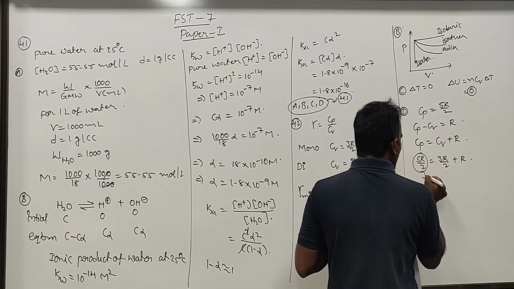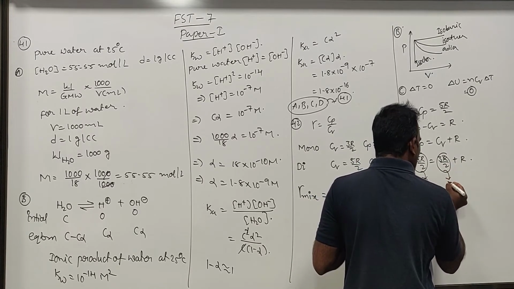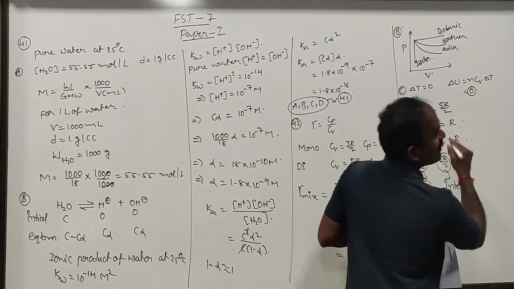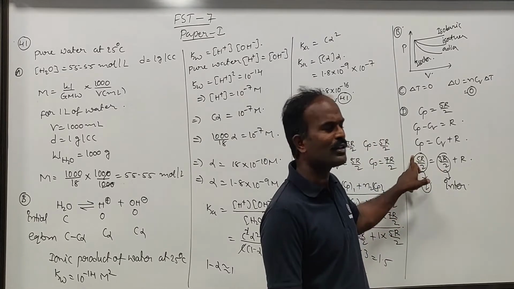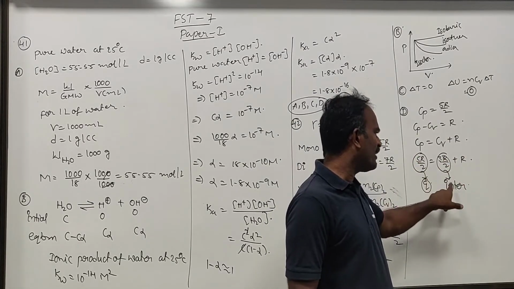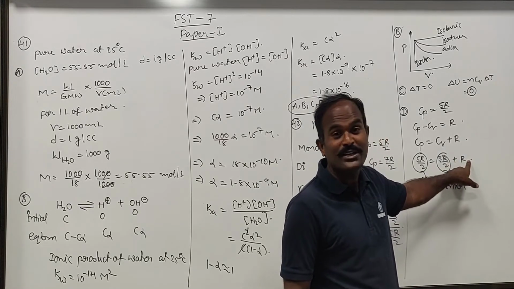This is the amount of heat energy which is supplied, and this is the amount of heat energy which is utilized to raise its internal energy. This is what the first law of thermodynamics says. When you supply some amount of heat energy to the system, it will be utilized in two ways: some part is utilized to raise its internal energy and some part is utilized to do work.